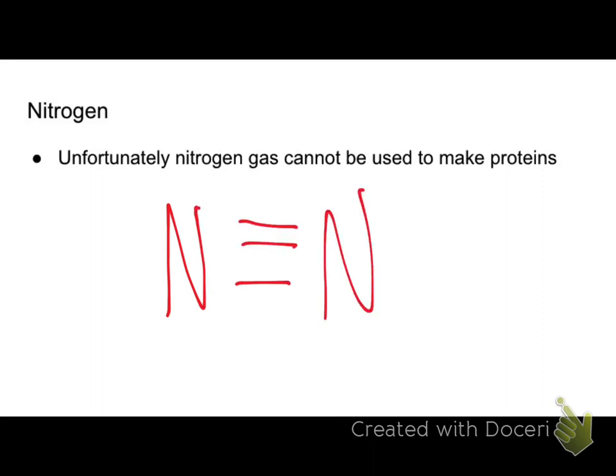You have one nitrogen atom and another nitrogen atom bonded together to make a molecule of nitrogen gas. And the 3 lines I've shown you connecting the 2 nitrogen atoms means that this is a triple bond between nitrogen atoms.